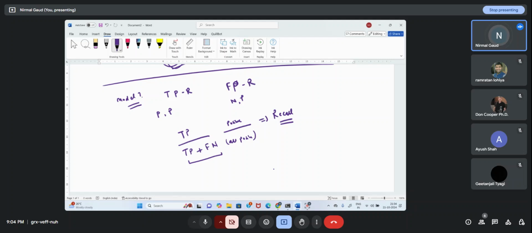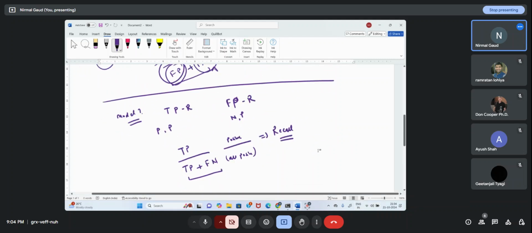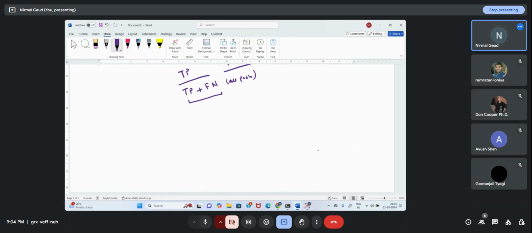This is the formula for recall. Now, FPR, the false positive rate, is FP upon FP plus TN.